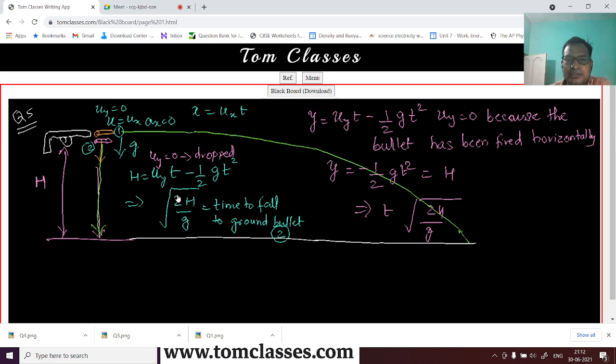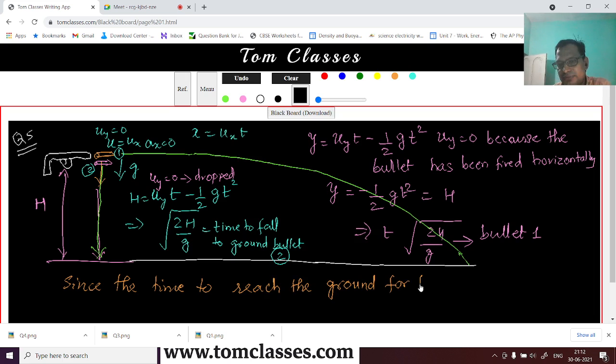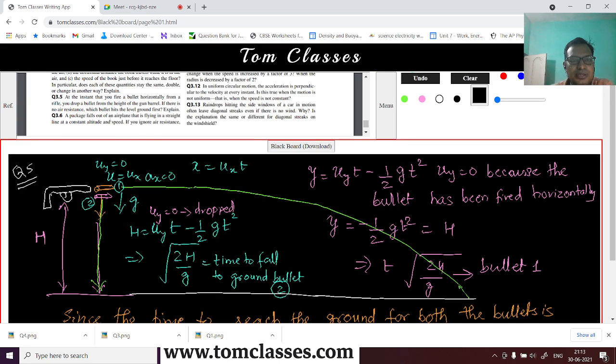So you see that this is for bullet 1, right? So what we can say is that since the time to reach the ground for both the bullets is same, hence what he was asking about here is which bullet hits first.